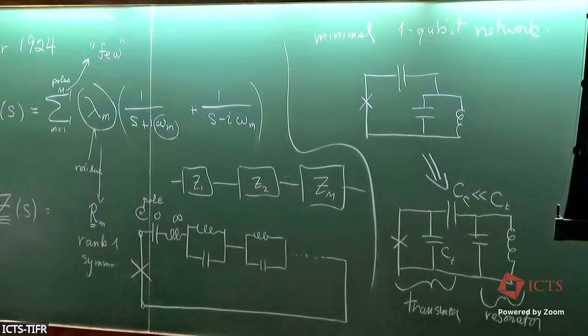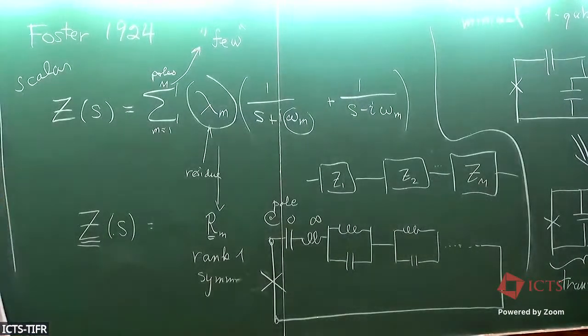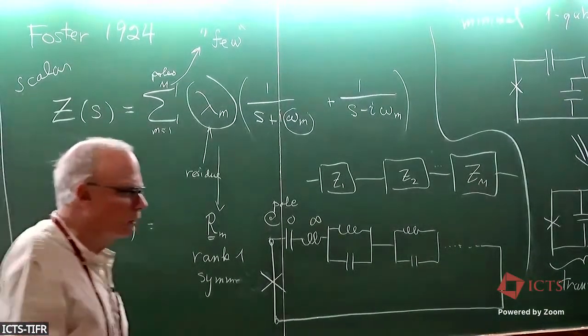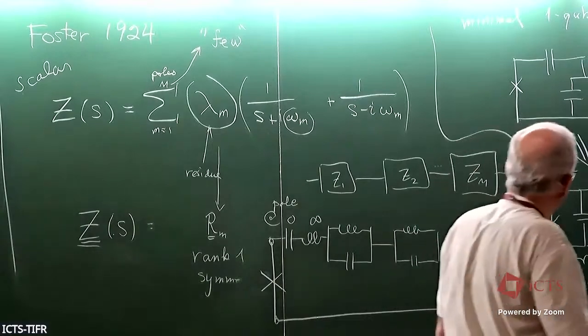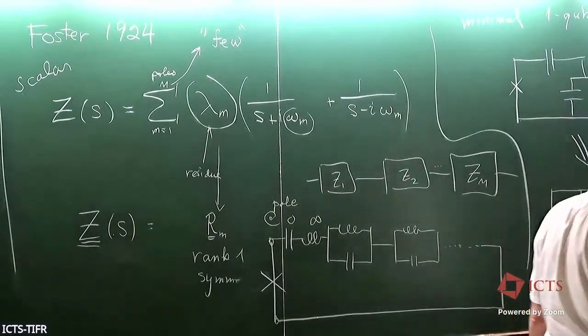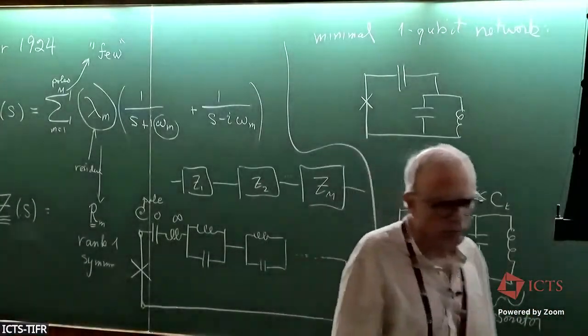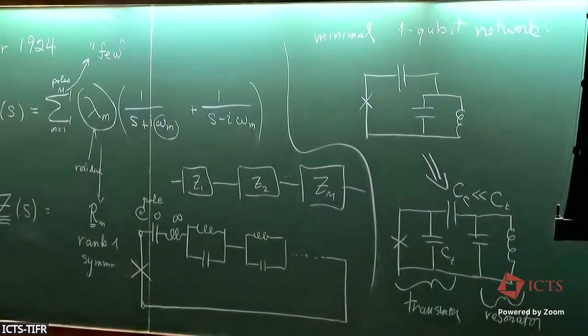When I get to the multi-qubit case, the one which involves this rank 1 symmetric matrix, I need one more idea of circuit theory, which will add a little bit more to the rules of writing the mechanics, of the Lagrange mechanics of these guys.